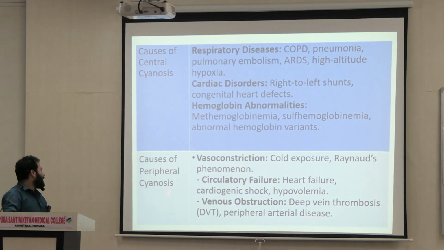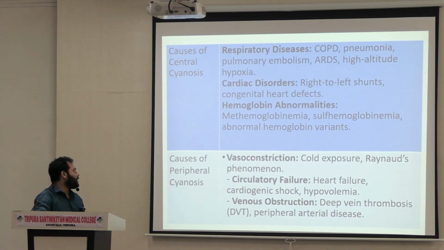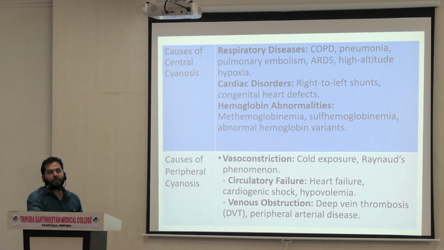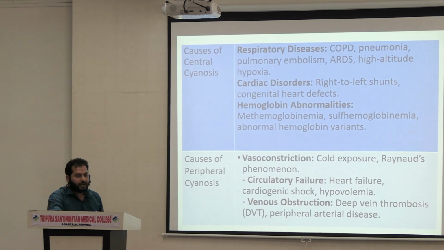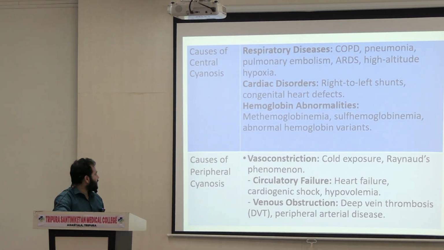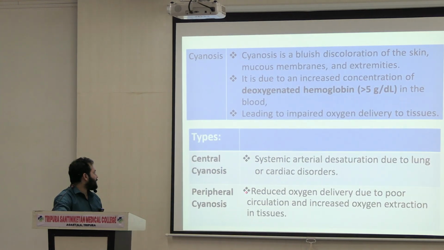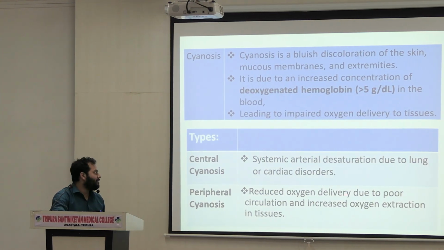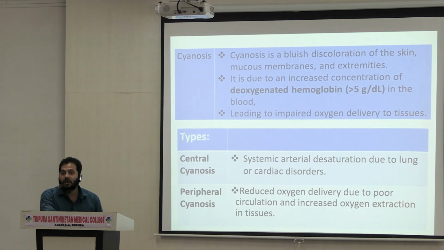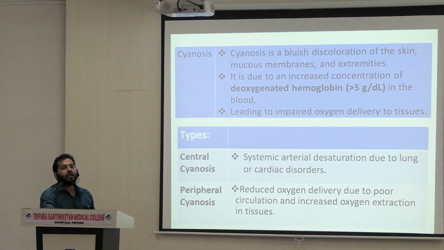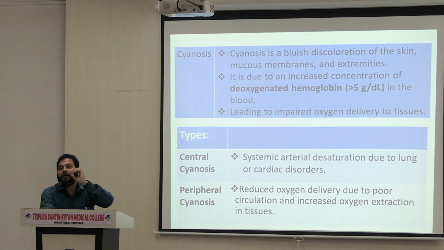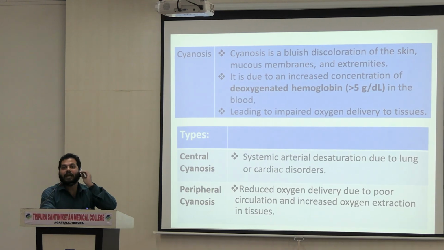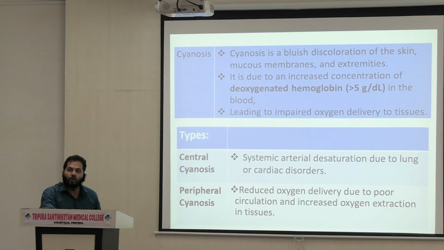Now see, in case of peripheral cyanosis, the most important thing is the constriction of the blood vessels, right? As I mentioned in the previous slide, in peripheral cyanosis there is a reduced oxygen delivery due to poor circulation. For proper circulation, it needs blood vessels which have the capacity to carry a sufficient amount of blood.